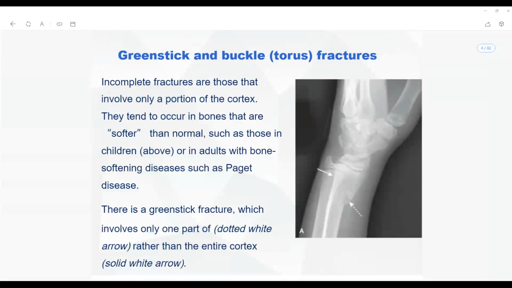So you get 4 X-rays. Get it? What are the 4 X-rays? AP right wrist, lateral right wrist, AP left wrist, lateral left wrist. That is the 4 images you get.